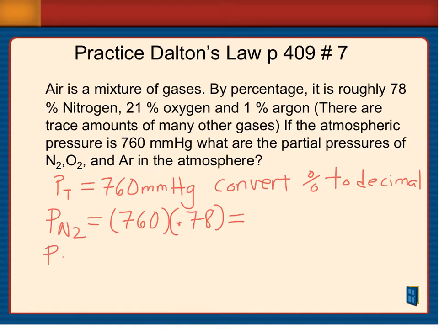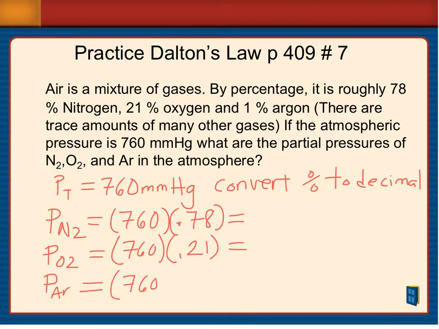We'll do the same thing for the pressure of O2, 760 times 0.21. And finally, the partial pressure of argon, which is 760 times 0.01.